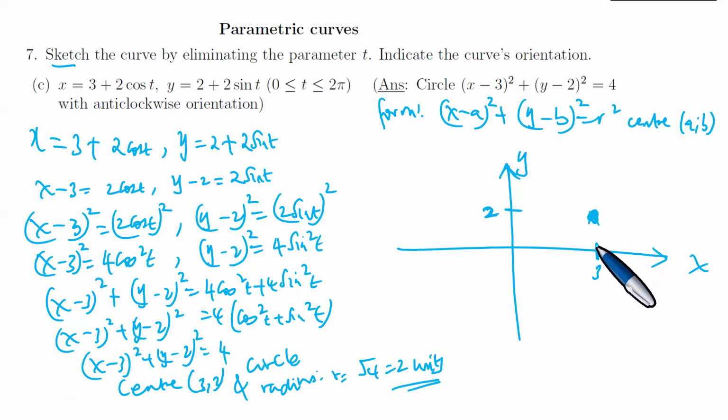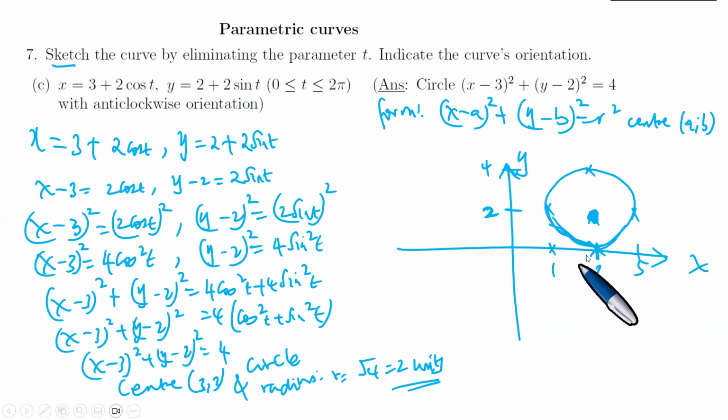So the distance, you measure 2 units. You get here, 2 units up, it's going to be at 4. But now you have here 2 units back, it's a 1. 2 units there becomes a 5. Okay, so this becomes a circle.